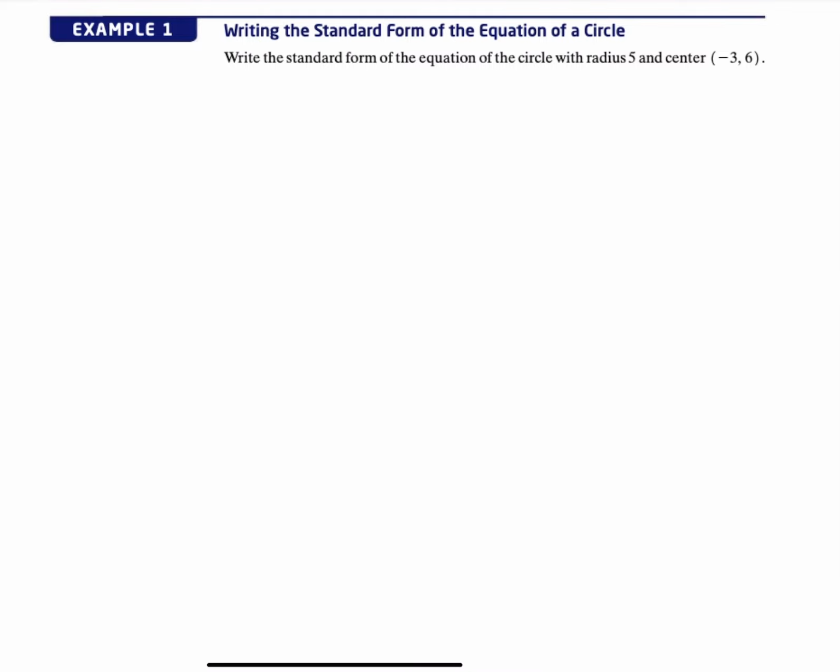So this first example is asking us to write the standard form of the equation of a circle with radius 5 and center -3, 6. So let me write the standard form again. It's x minus h squared plus y minus k squared equals r squared.